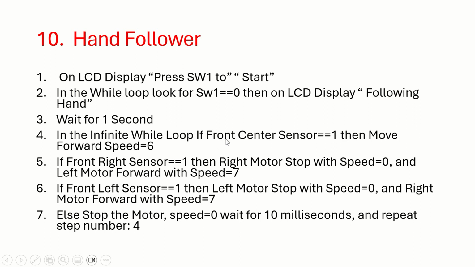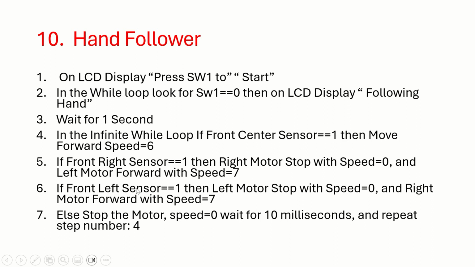In the infinite while loop, use an if condition and look for the center sensor. If the center sensor is detected, that means an obstacle, your hand, is there, then move the forward motor. Otherwise, else if the front right sensor is detected, then move the right motor.